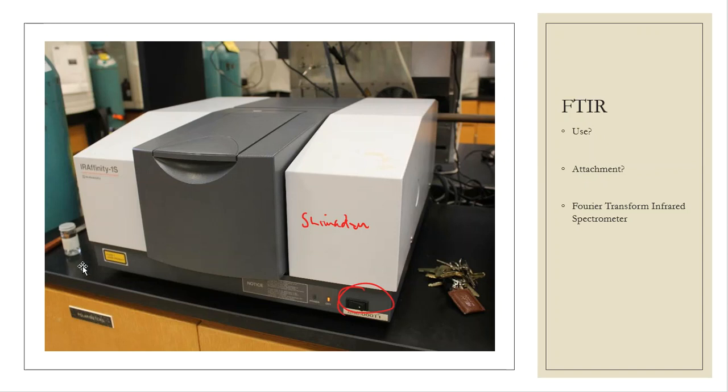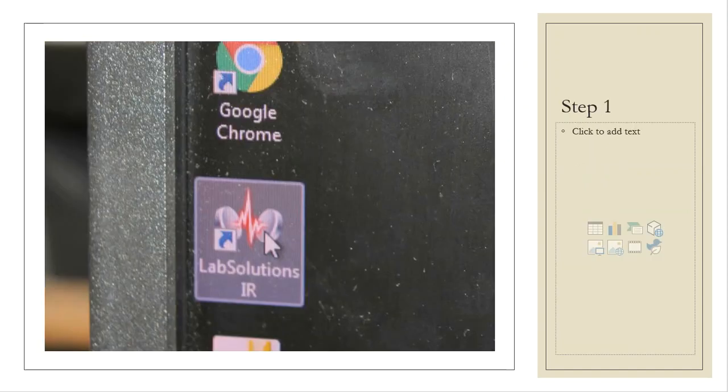So there on the bottom right-hand corner is my flip switch. So I'm going to flip that instrument on, and this will initialize the instrument so it can start talking to my computer. The computer has software on it that makes this machine operational, and that software is called LabSolutions IR. So I'm going to double-click LabSolutions IR.